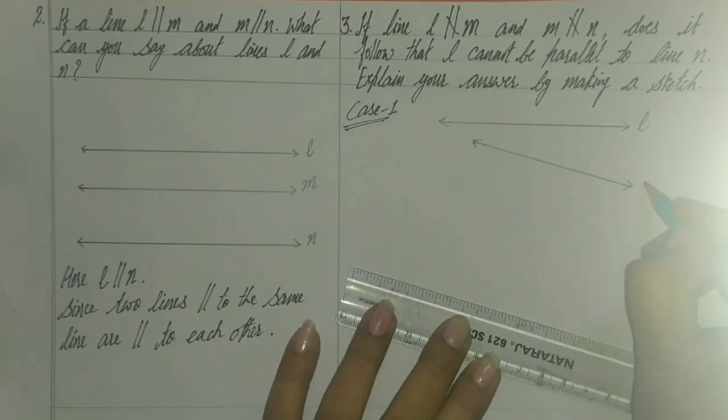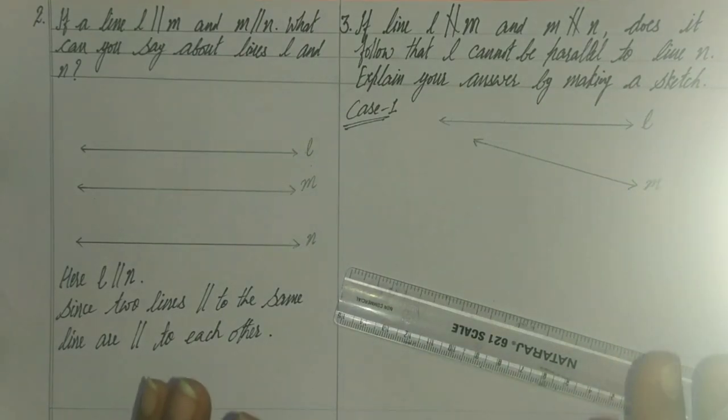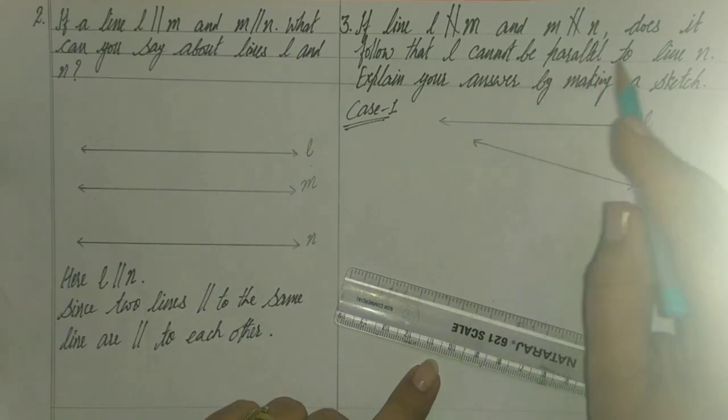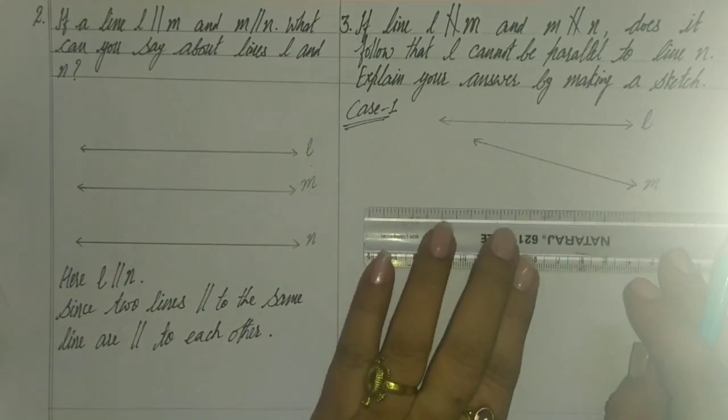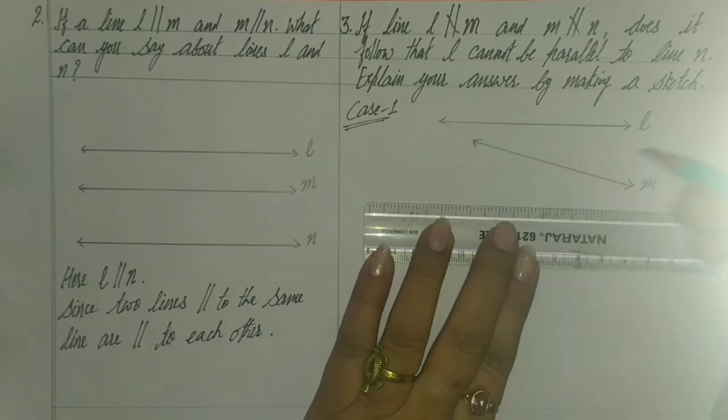Since the distance between these two lines is not the same, these are intersecting lines, and M is not parallel to N, so N can be drawn over here.